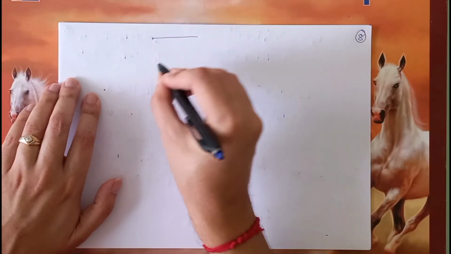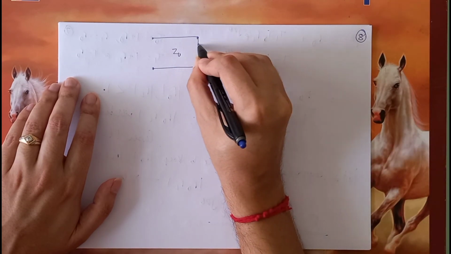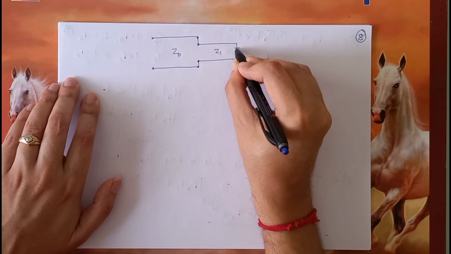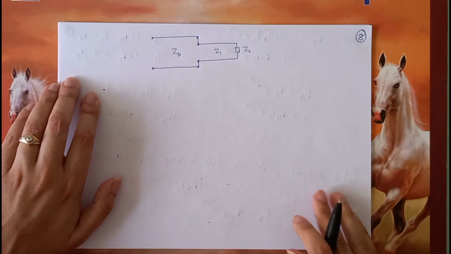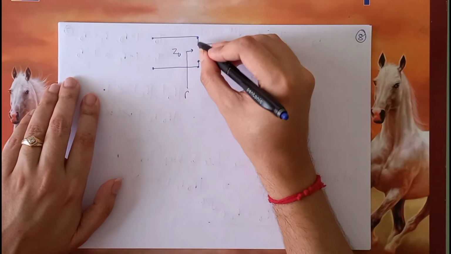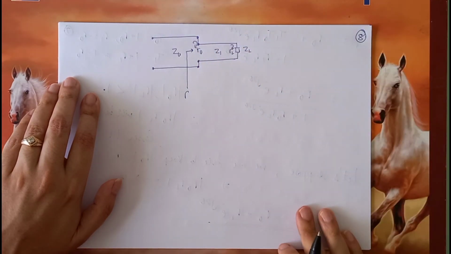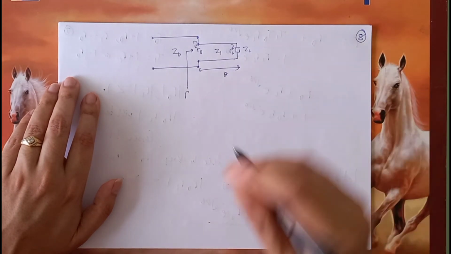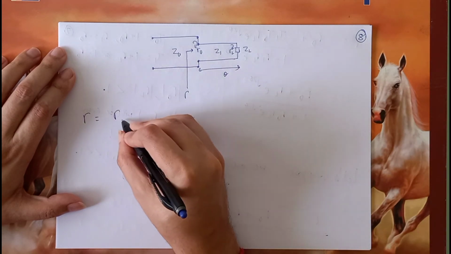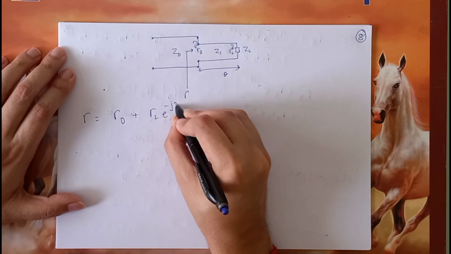What we saw was this was the main line, Z0. And then we have the Z1 line, which is terminated with a load of ZL. Now notice that the gamma that we are seeing over here is expressed as a function of gamma 0 and gamma L. So if this length is theta, what is effectively happening is that gamma is becoming almost an algebraic sum of gamma 0 plus gamma L e raised to minus j2 theta.